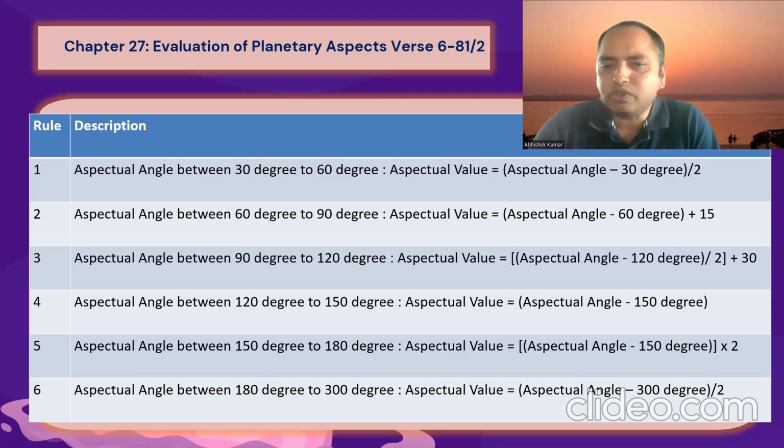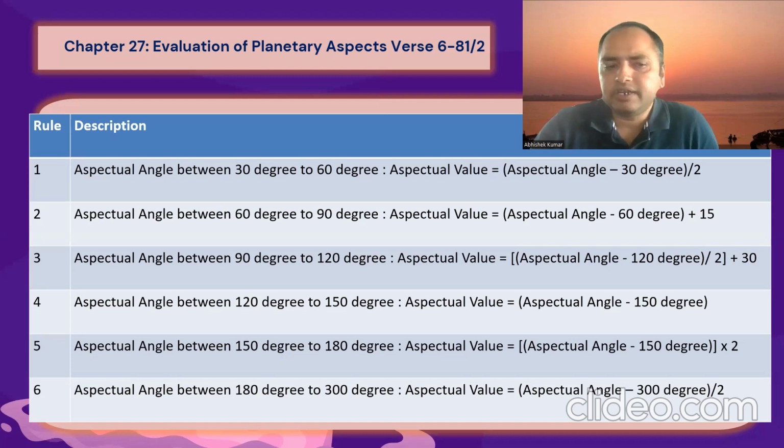Then the next possibility Maharshi is talking about, if the aspectual angle is between 120 degrees to 150 degrees, in this case you just subtract 150 degrees from the aspectual angle. That is the aspectual value.